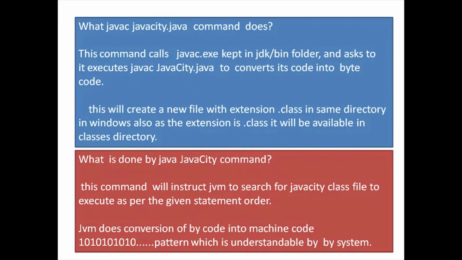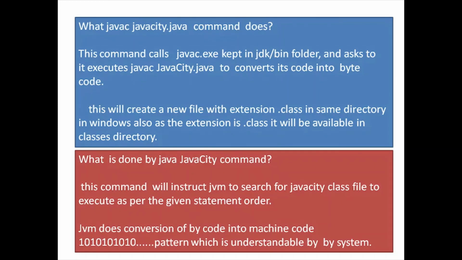So this command calls javac.exe kept in the JDK bin folder and asks it to convert City.java into bytecode. So this will create a new file with the extension dot class in the same directory in Windows.